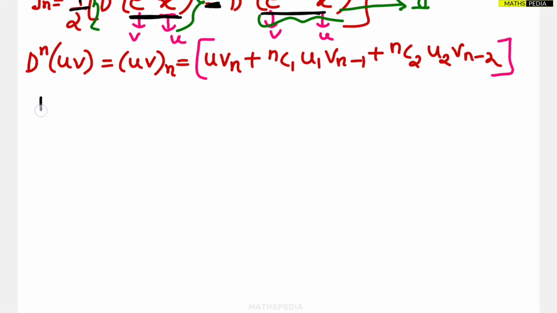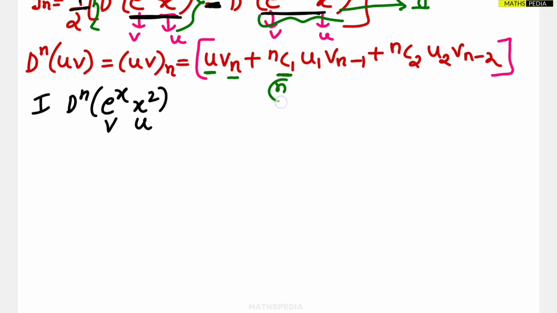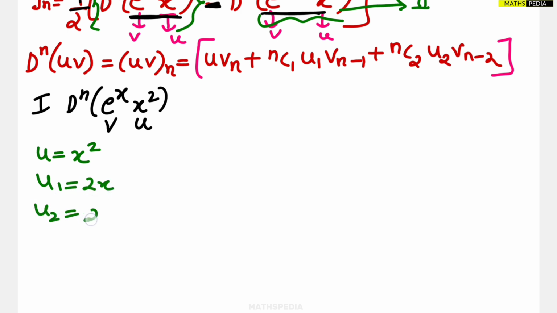Let us find. So first function I'll consider here. We have to find the nth derivative of e power x into x square. Here u is this one, v is this one. We'll first find out what all things have to be found out. u is already there. v n I have to find. nC1 is already there, the value is n. Okay, nC2 value, how to find? nC2 is basically, okay, we'll see that also. So u value is x square. u1 is 2x. u2 is 2.